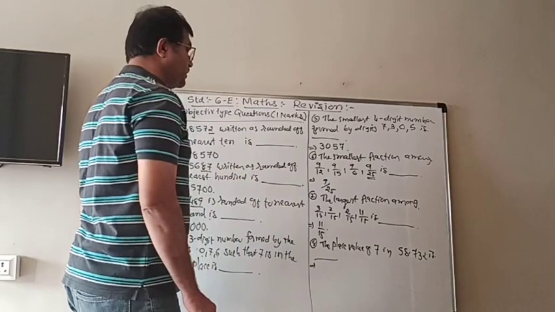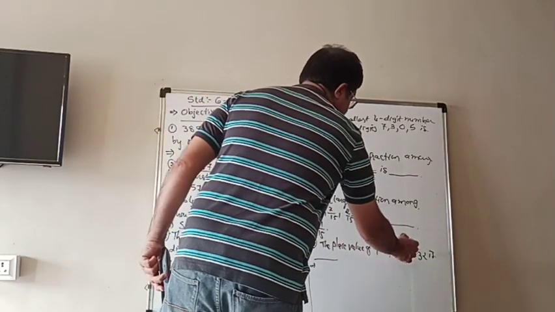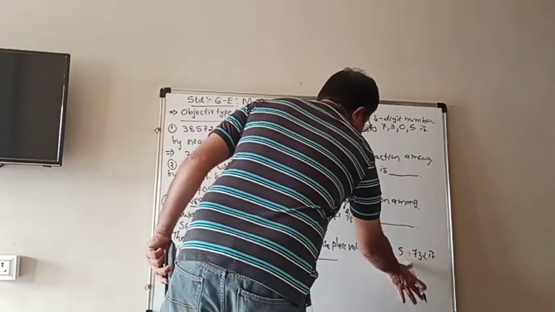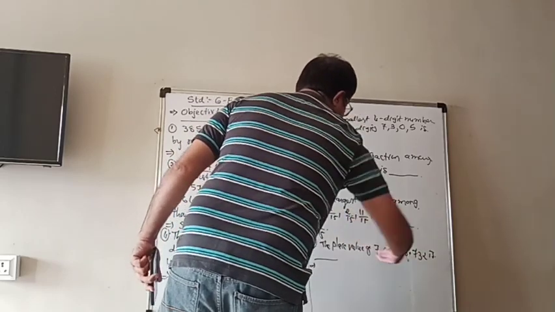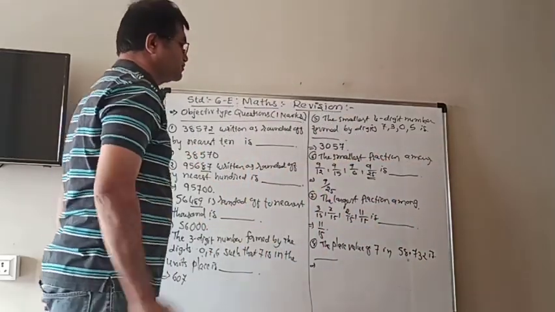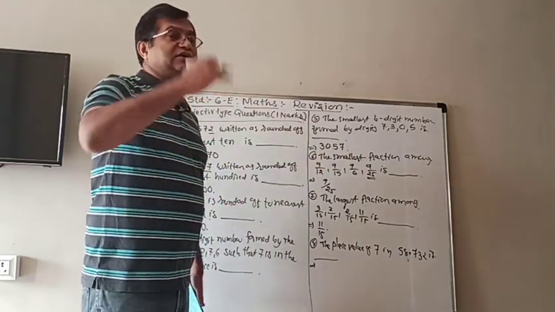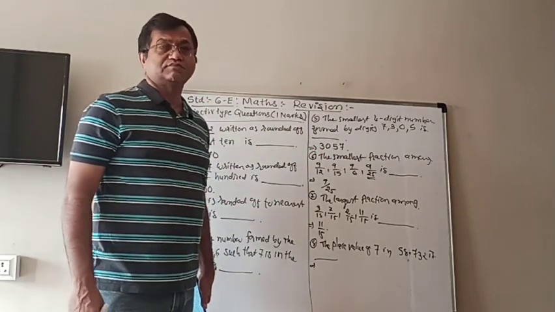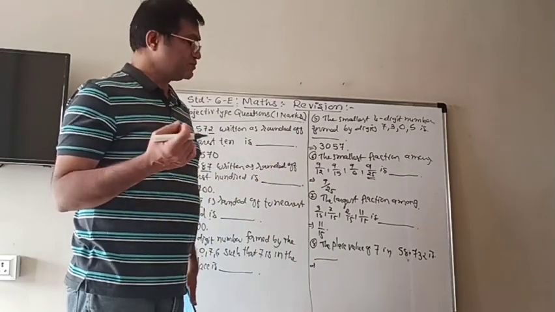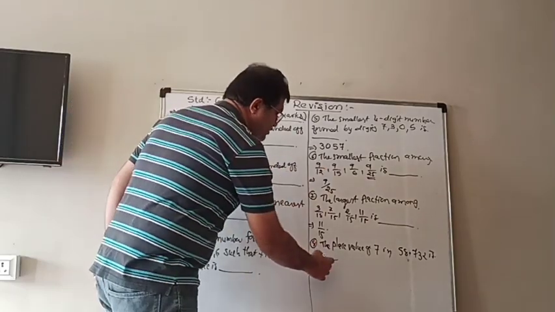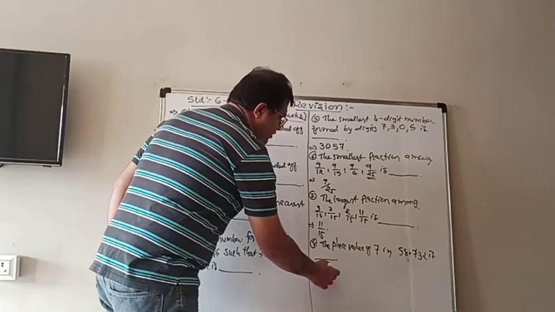Now we learn the decimal fractions. In decimals, the number after the decimal point to the right is decreasing by a tenth, meaning divide by 10. So the first place is tenths and the place value will be 7 upon 10.